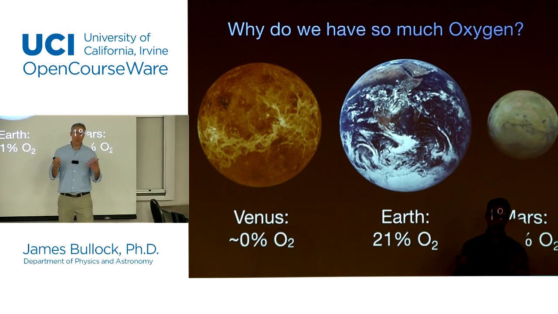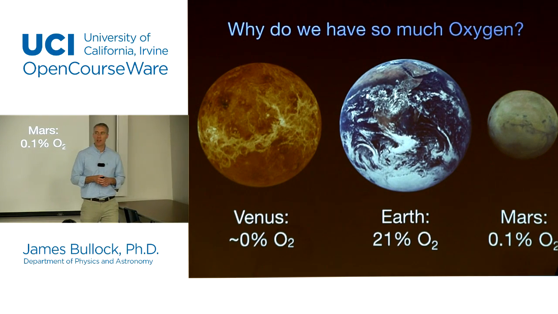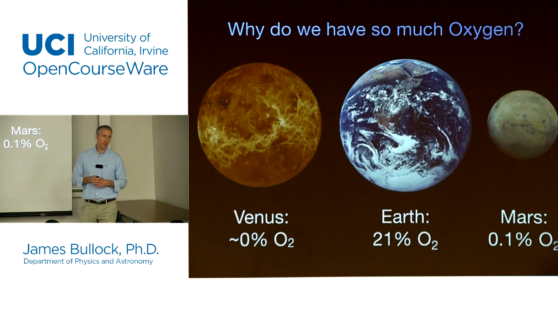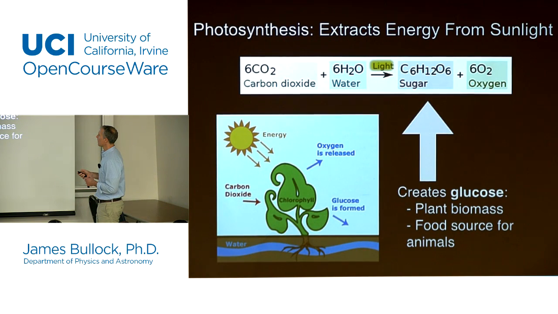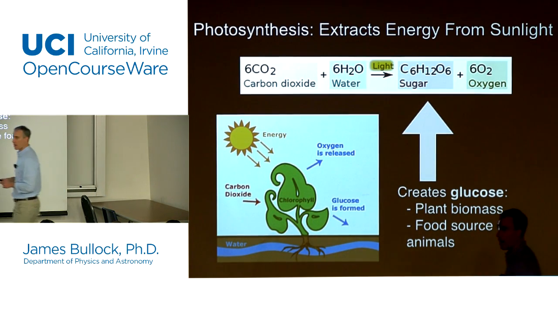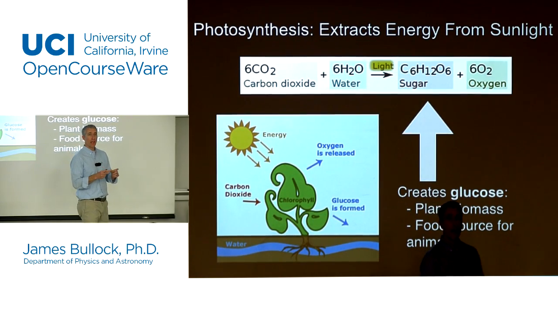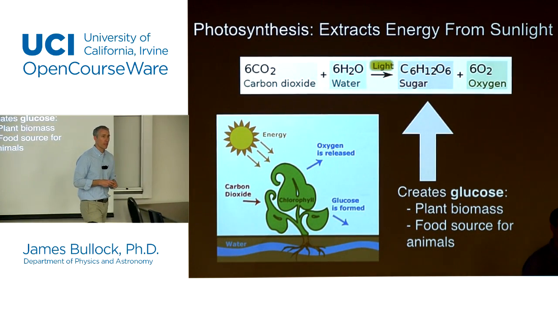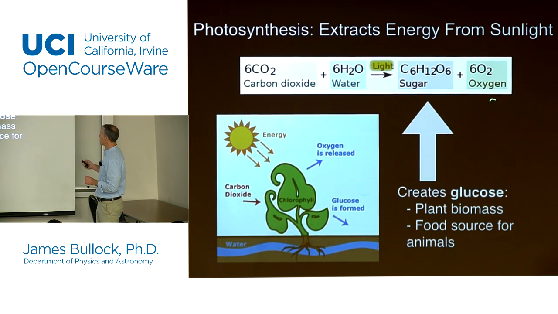So all of this oxygen that we have in the atmosphere comes from life. In fact, it's the waste product of a certain type of life. This is the type of photosynthesis that is particularly common on Earth, the kind used in plants and blue-green algae. It's not the only kind of photosynthesis on Earth, but it's the kind that makes oxygen.